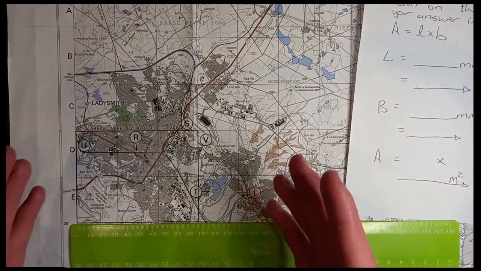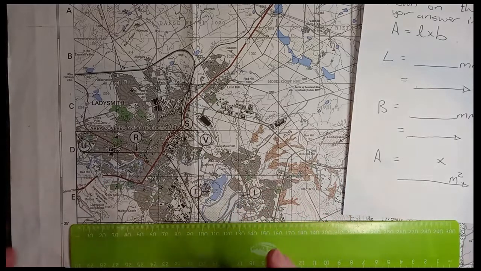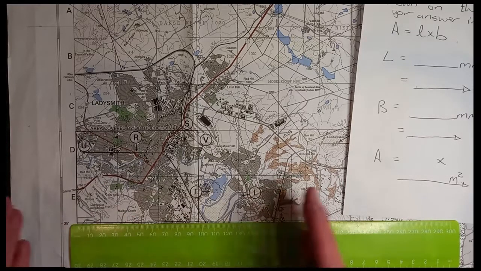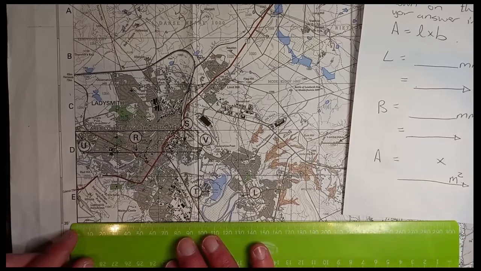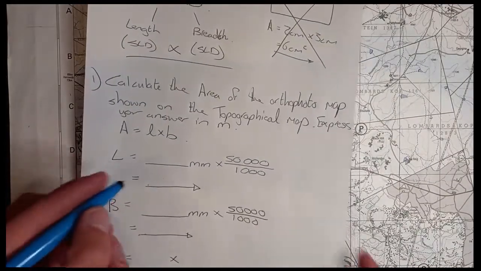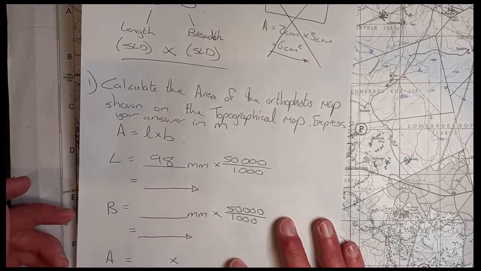The only difference is that now we always put the length as your longest side. So this I know will be my length because this does look longer. So we measure. Right, I get 98. So my length I'm going to then put as 98 millimeters.